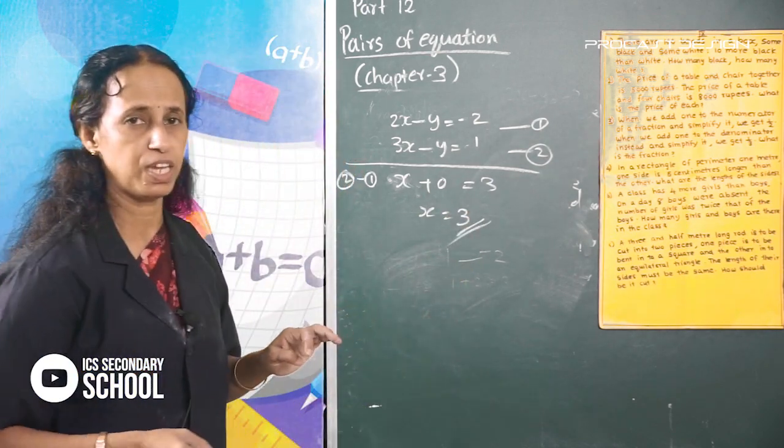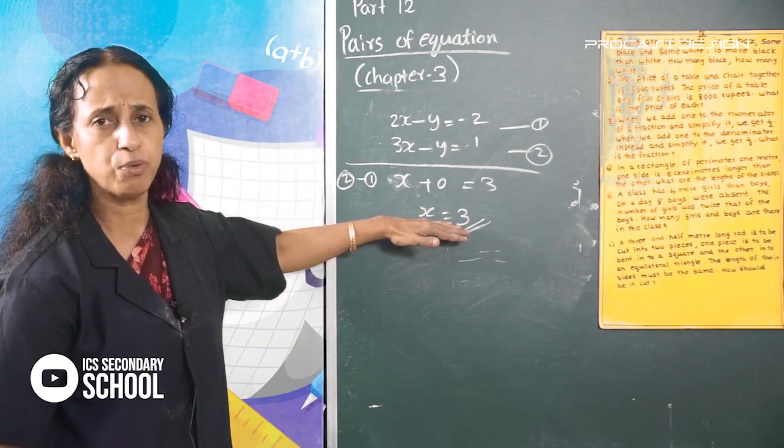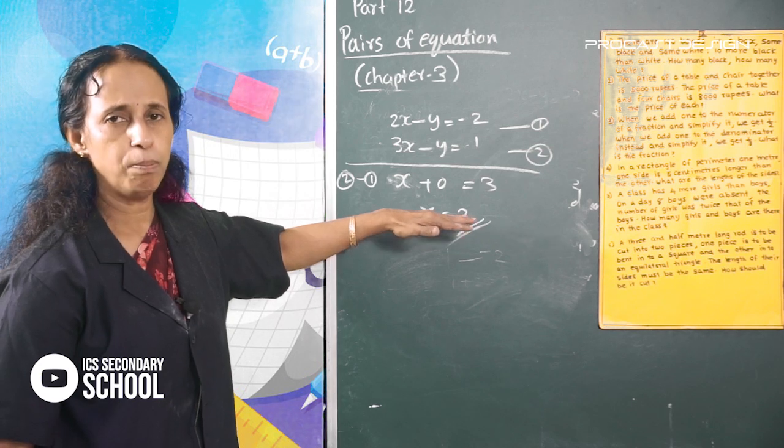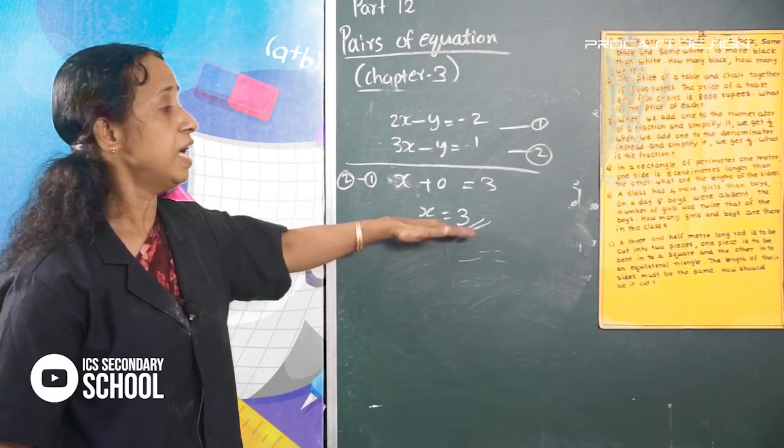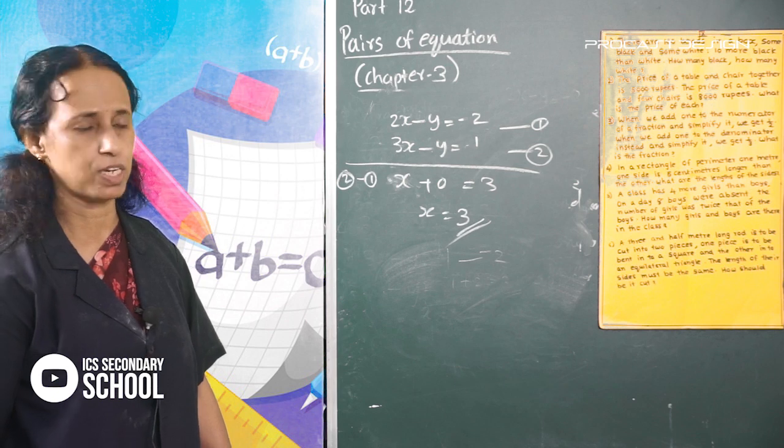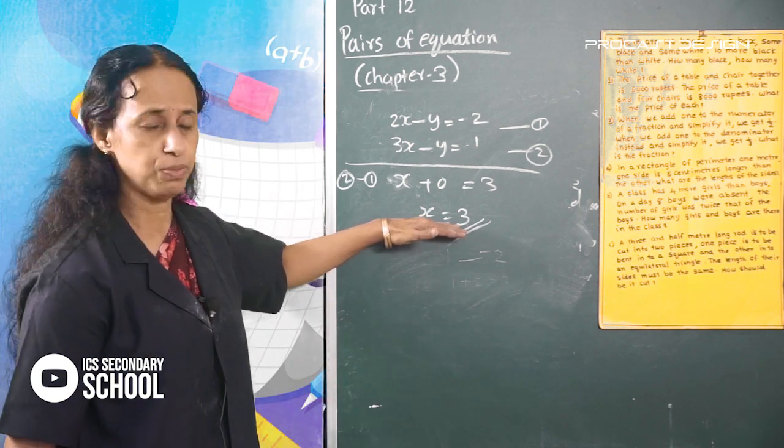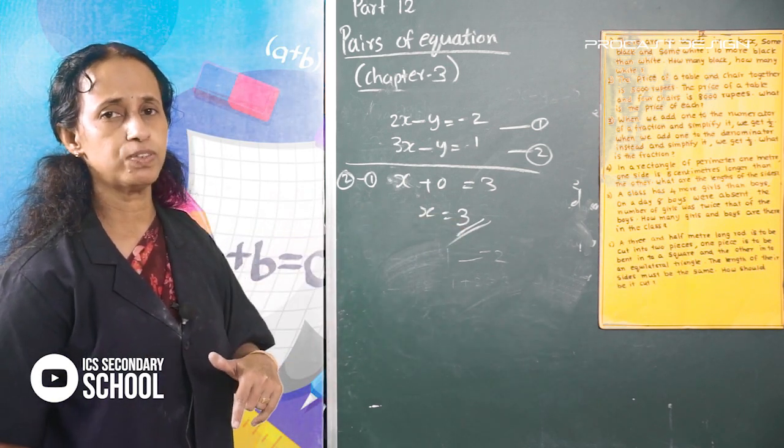The numerator of this fraction is equal to 3. Next, find the denominator of the fraction.